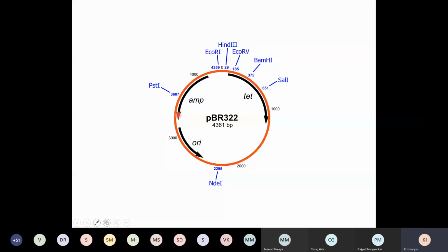Not only that, it also provides the bacteria an added resistance. This gene here codes for another protein which allows the bacterium which carries this plasmid to be even resistant to tetracycline. Remember, ampicillin and tetracycline are two antibiotics which belong to different classes.